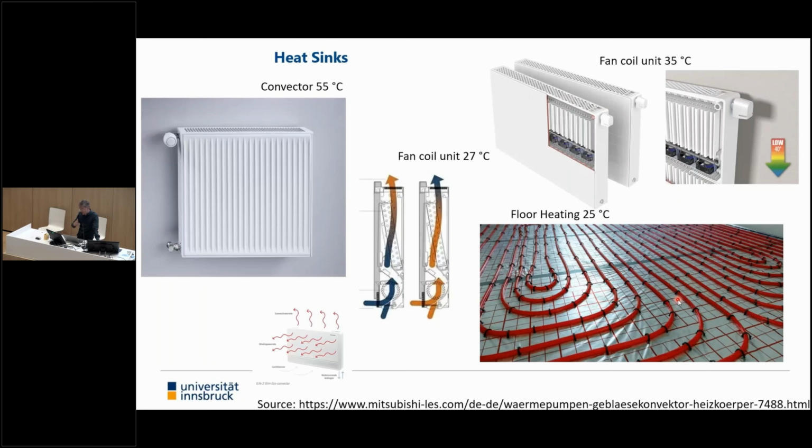So how to come down with this temperature via fans, you will explain it more in detail, or with bigger surfaces like floor heating or wall or ceiling or whatever. So then you also reduce your supply temperature and can raise your efficiency.